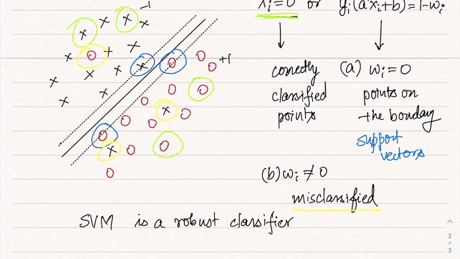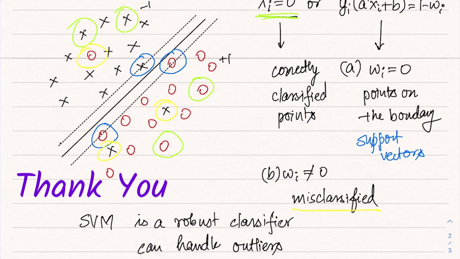But SVM is a classifier which allows some points to not follow and can handle outliers. Outliers are those points which do not follow our initial assumption or hypothesis that the points can be separated. So the points that cannot be separated are being handled in this way.